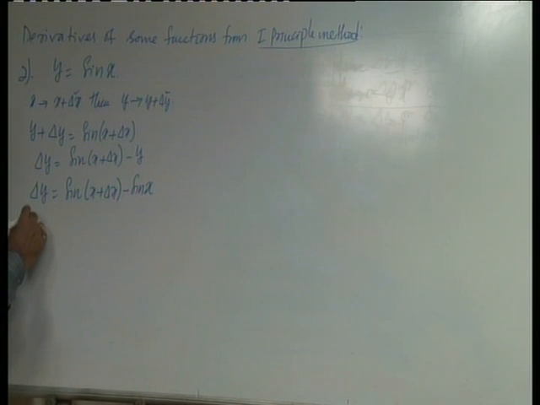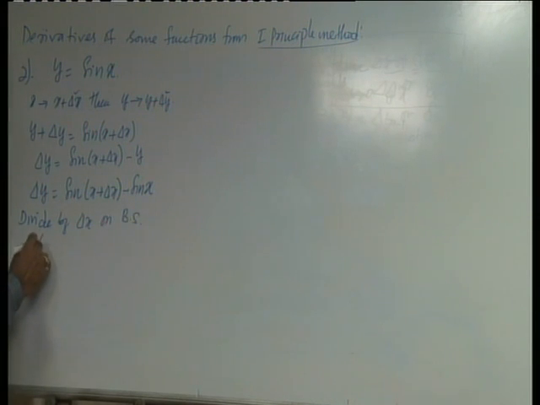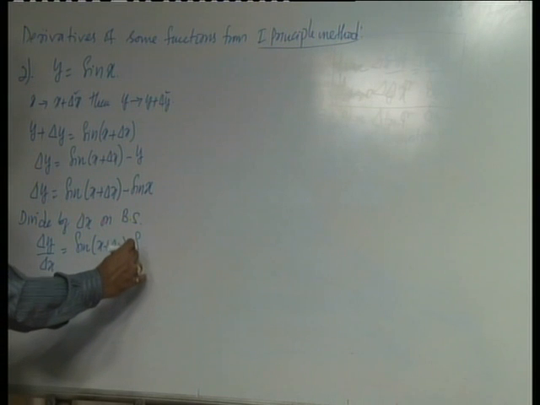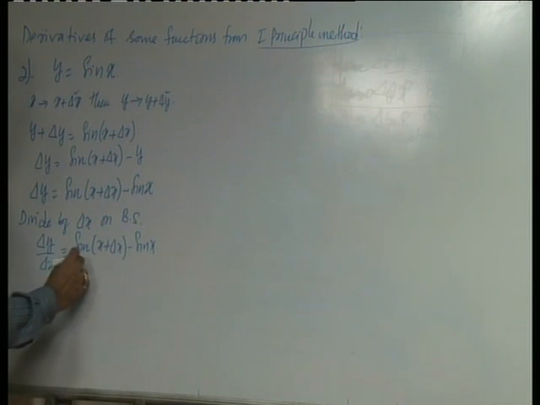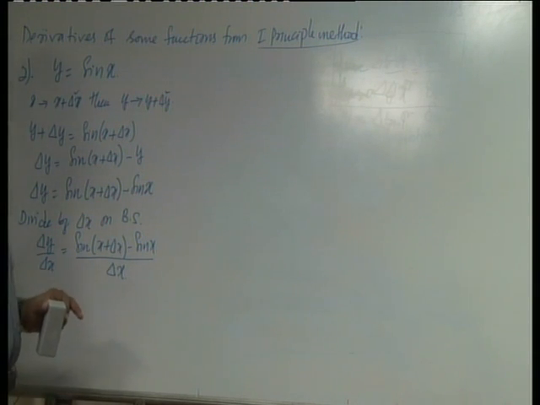Therefore, divide by delta x on both sides. It becomes delta y divided by delta x is equal to sin of x plus delta x minus sin x, divided by delta x. Next step, we have to take the limit on both sides, correct?